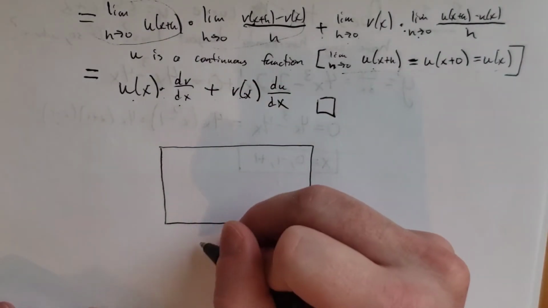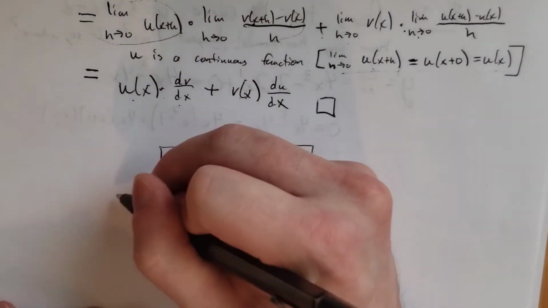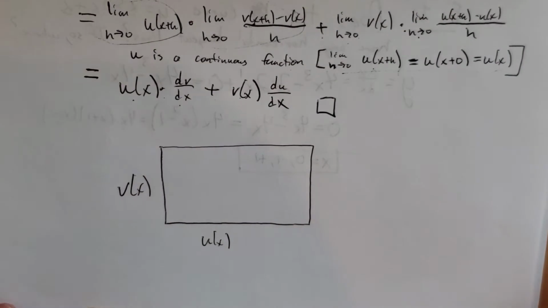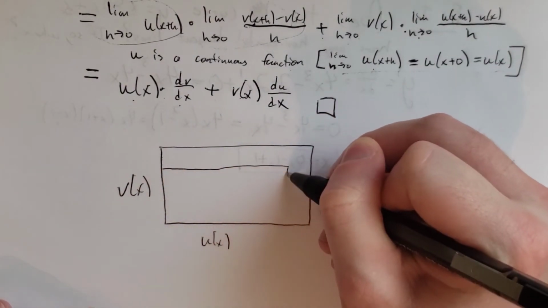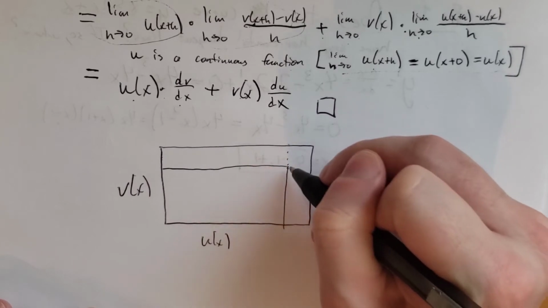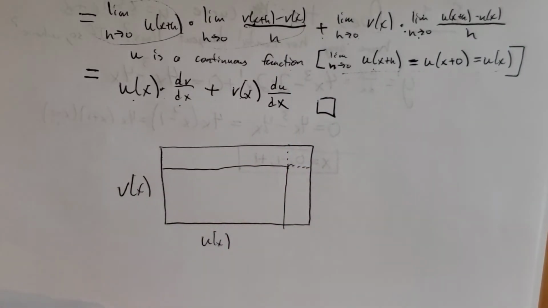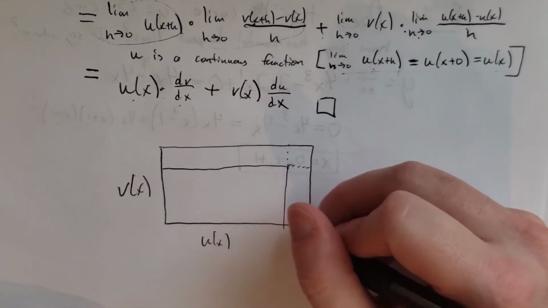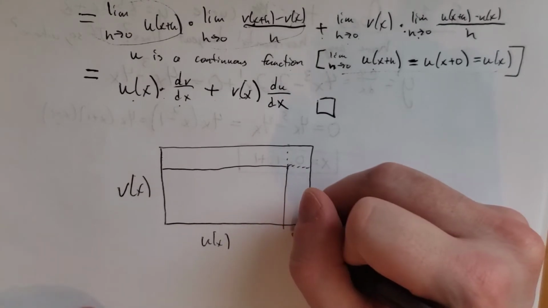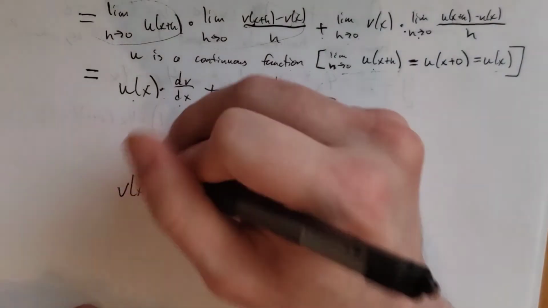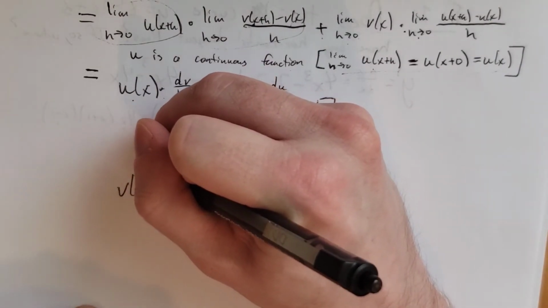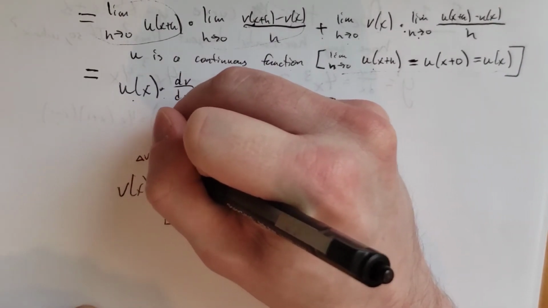We have some function u of x here and some function v of x here. And then we add some change in u of x, and we add some change in v of x, right?